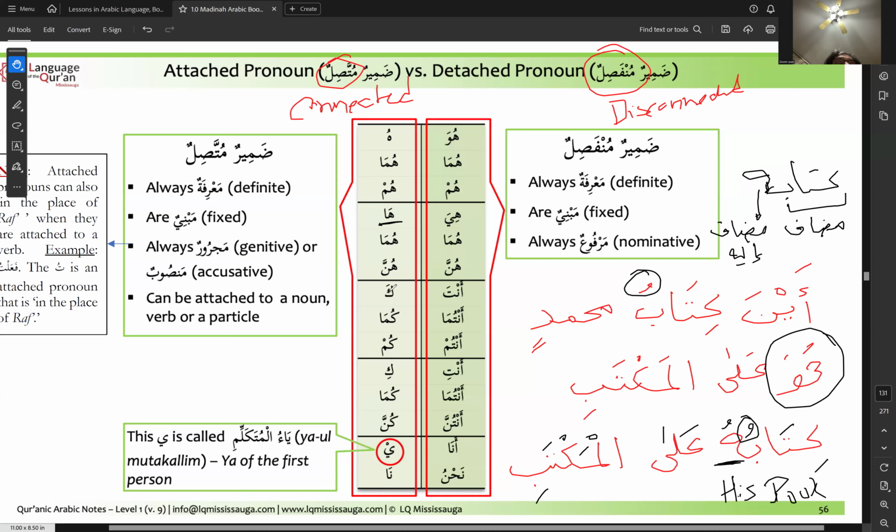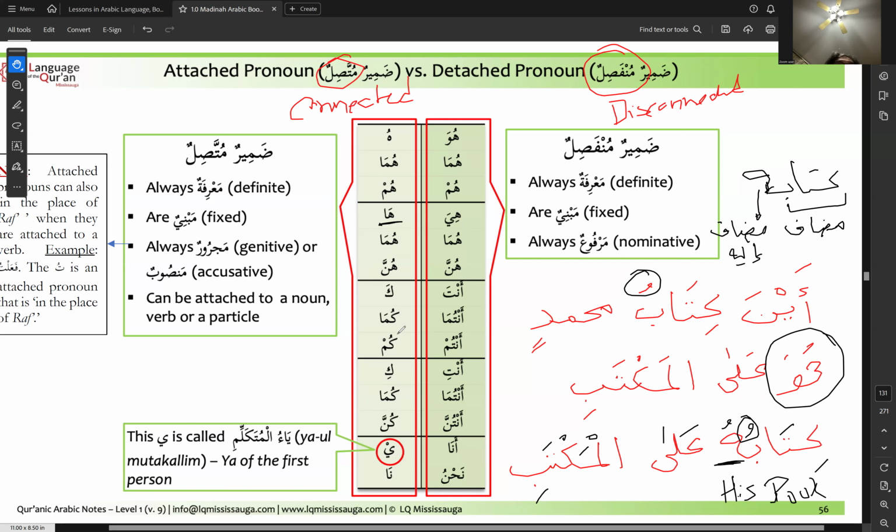It means yours. So anta means you, but ka means yours. So you could say anta Muhammadun, or if you're using the kaf, for example, the book: kitabuka, your book.